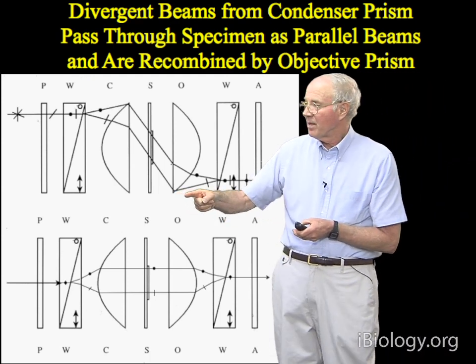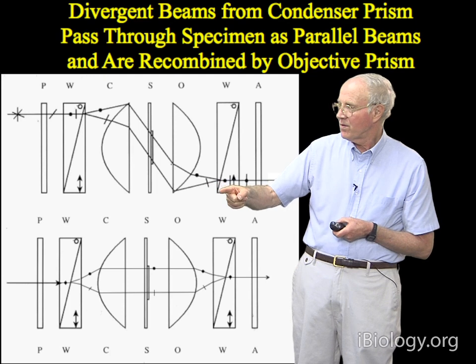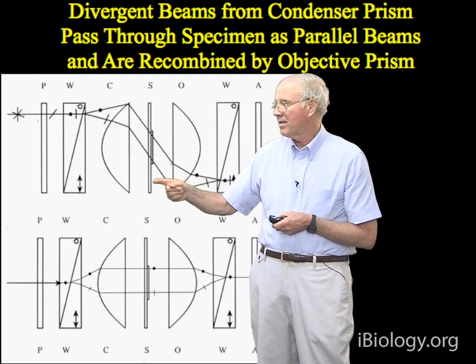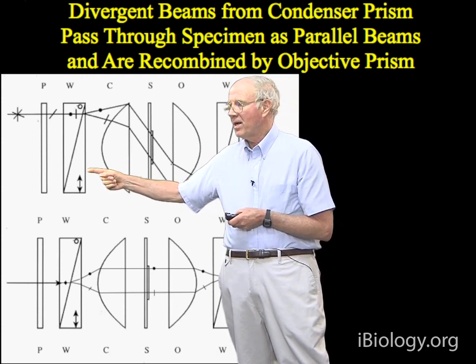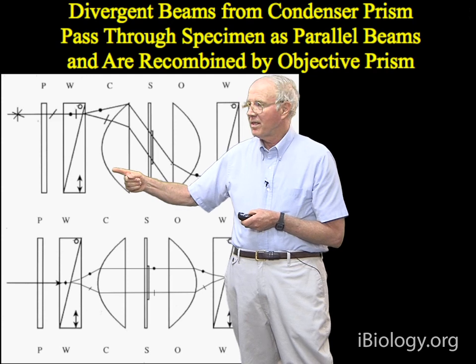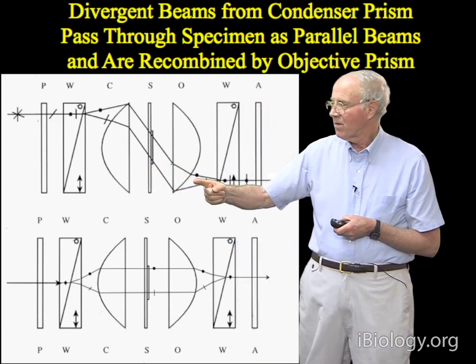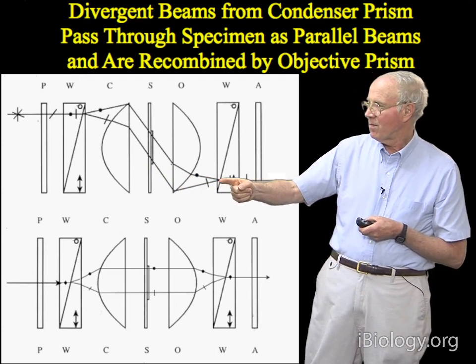Now, the objective and the objective prism are chosen to be conjugate, in effect, to produce an equal and opposite effect to what was done here by the condenser prism and the condenser lens itself, so that these two beams are then focused back together again at what would be the back focal plane in this alignment, right?